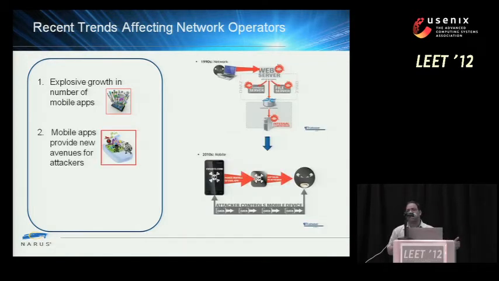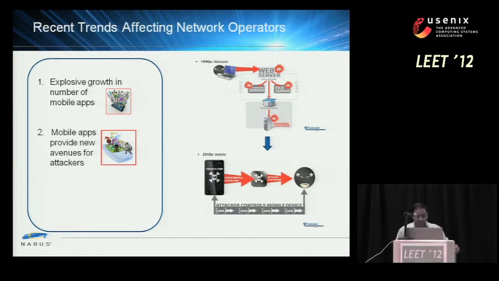This, combined with the fact that more and more users are bringing their own devices inside enterprise networks, means that in future, these devices and apps could become the entry point for attacking the enterprise networks. People are storing more and more enterprise data on their devices, so the information might leak out from these devices, from these apps.